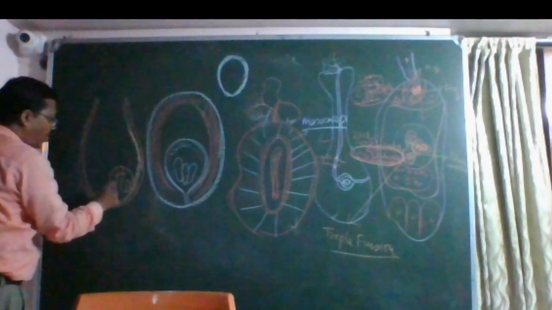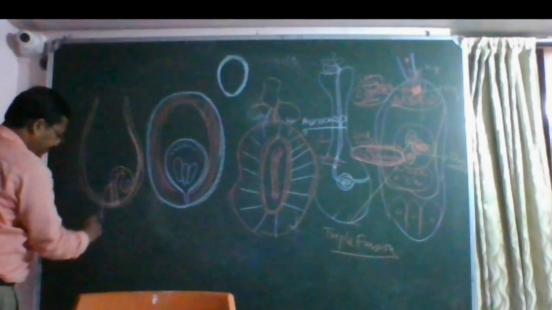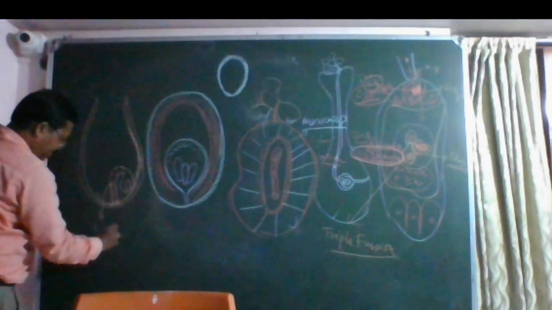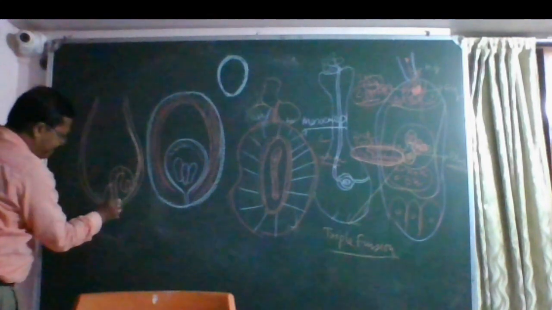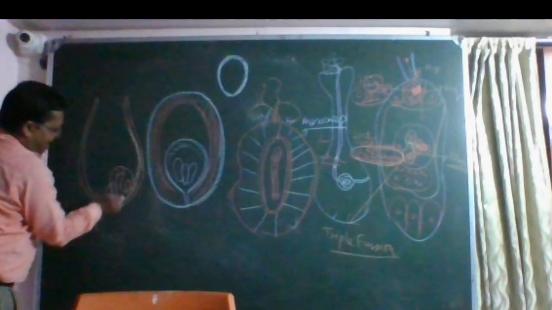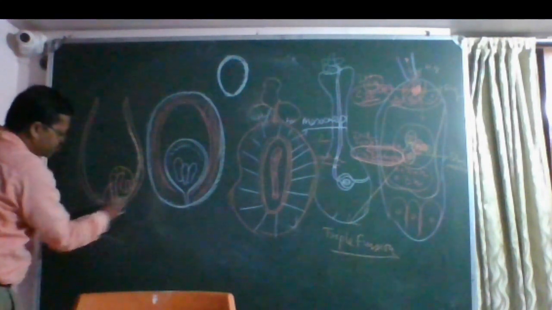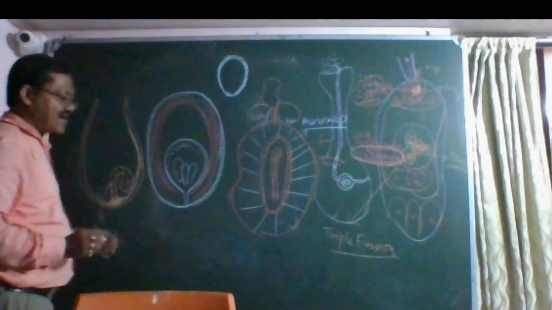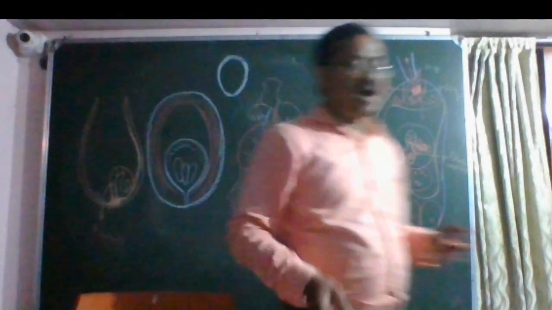This stalk is called the funicle. And this is the placenta. The placenta is a soft tissue that remains attached to the inner wall of the carpel. This is the placenta.